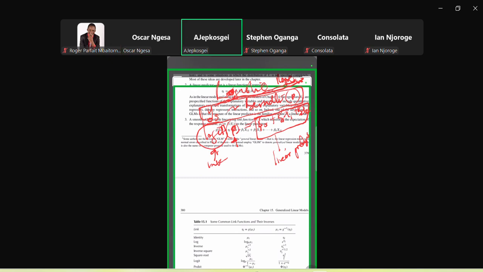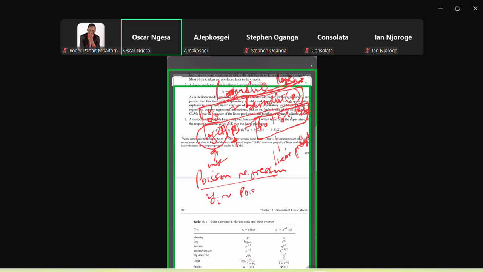Okay, we go to Poisson regression. For Poisson regression, it is yi follows Poisson. Poisson distribution has how many parameters? One. And which symbol do you usually use for it?